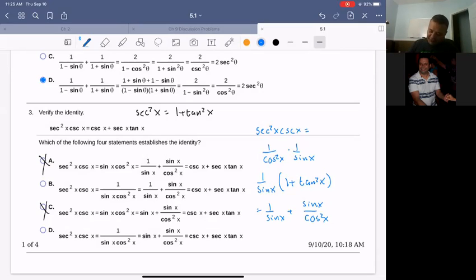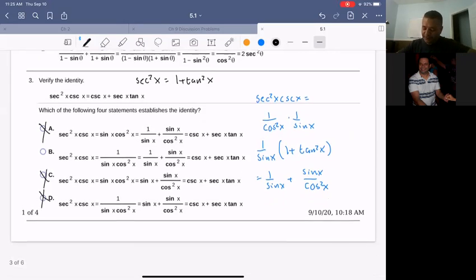Now if I look, D is gone because of this sine x in the numerator. So I know B should be right, but let me just finish it off.